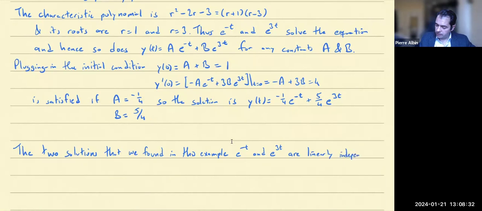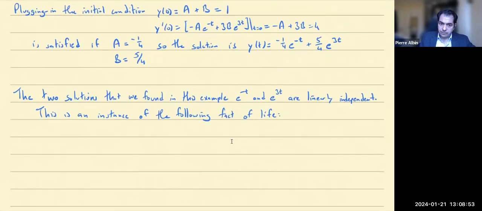So let's say they are linearly independent. This is an instance of the following fact of life. Suppose r1 to rn are distinct complex numbers.